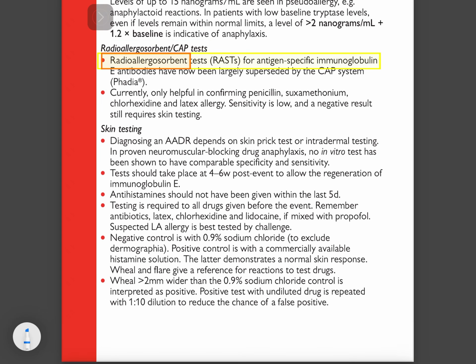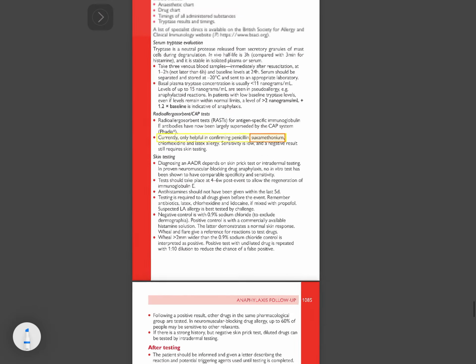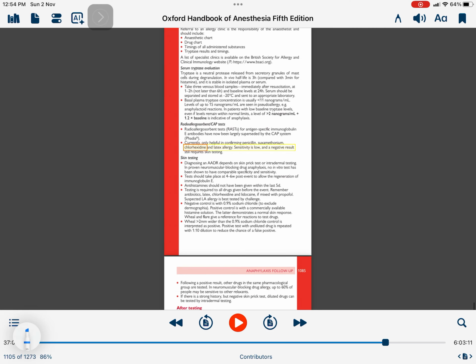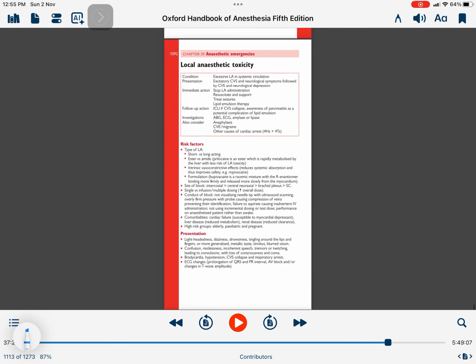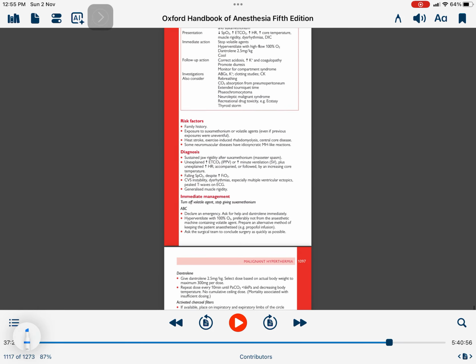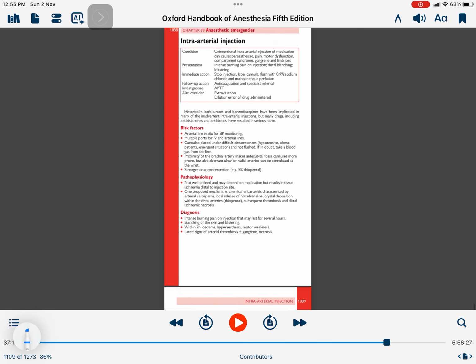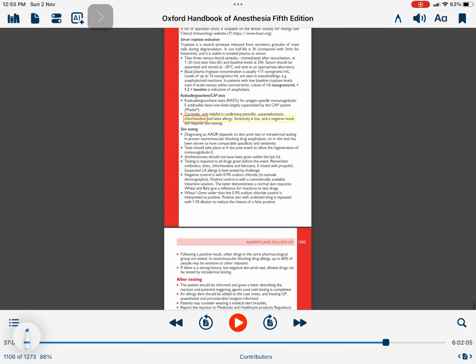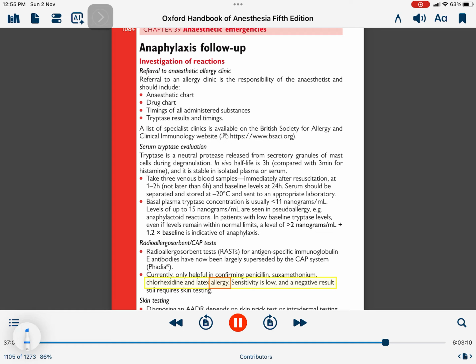Radioallergosorbent tests, RASTs, for antigen-specific immunoglobulin E antibodies have now been largely superseded by the CAP system, currently only helpful in confirming penicillin, suxamethonium, chlorhexidine and latex allergy.